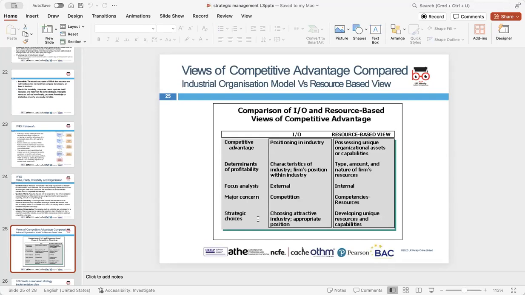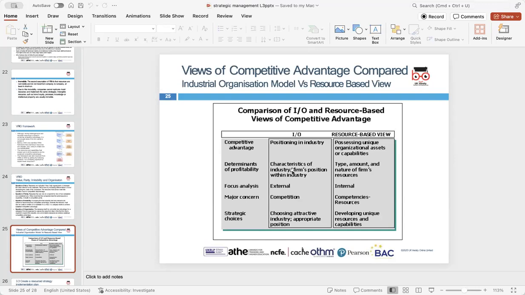It emphasizes understanding the characteristics of the industry and the firm's position within it. Strategic choices involve selecting an attractive industry and positioning the firm effectively within it. So the industrial organization view is concerned with external factors and competitive dynamics.